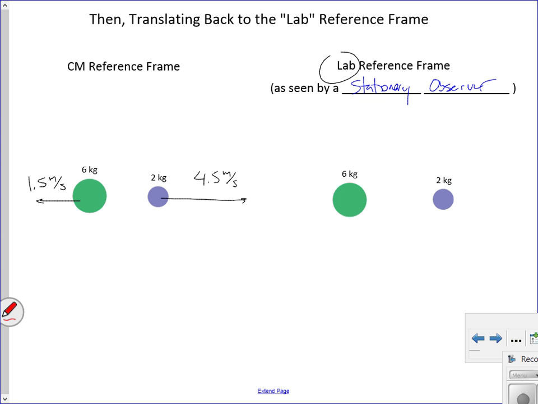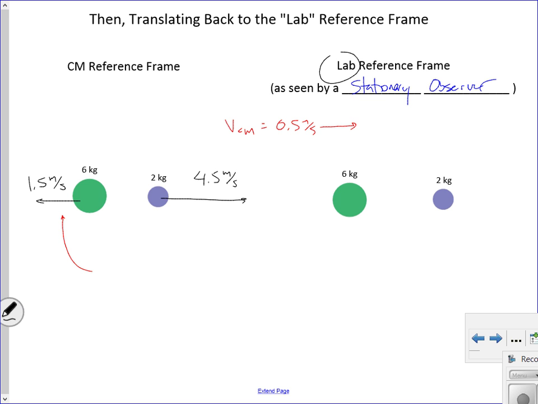Well, remember, the center of mass velocity is 0.5 meters per second that way. All right, so you're in a car moving to the right at 0.5 meters per second. It looks like something is coming at you at 1.5 meters per second, or going to the left at 1.5 meters per second.